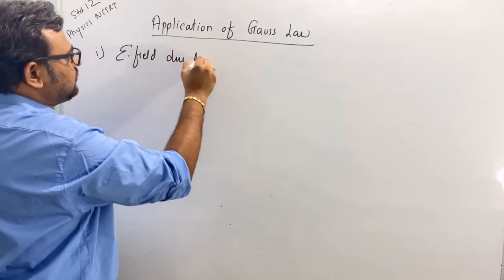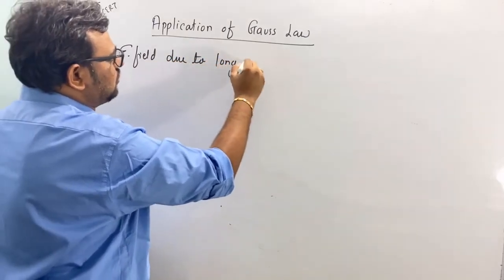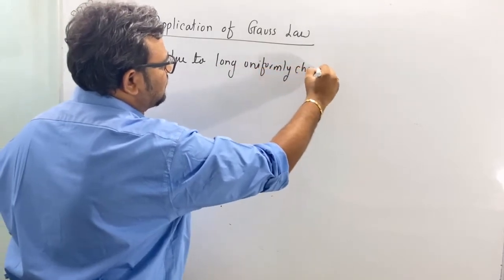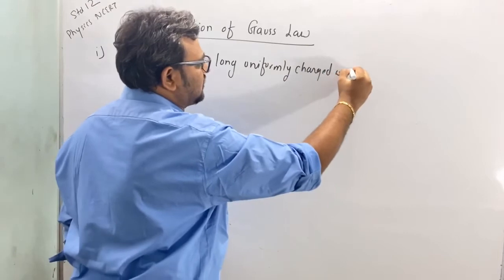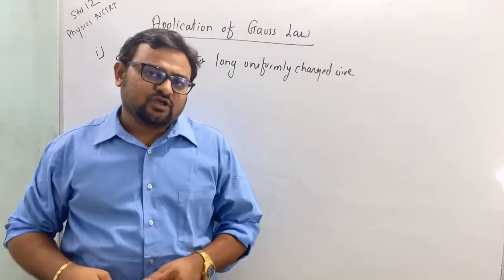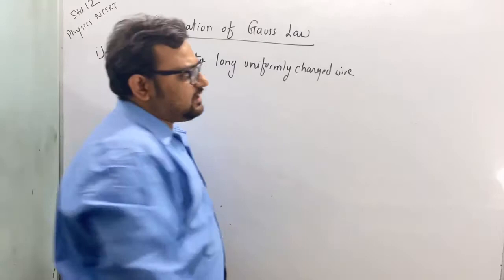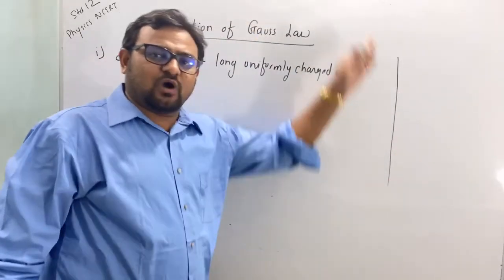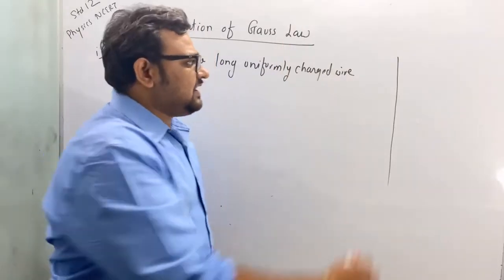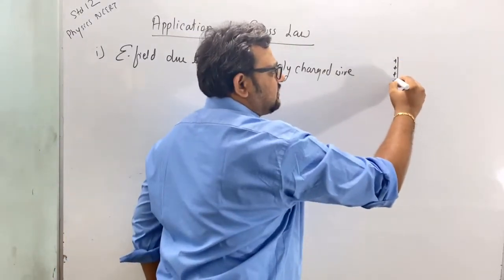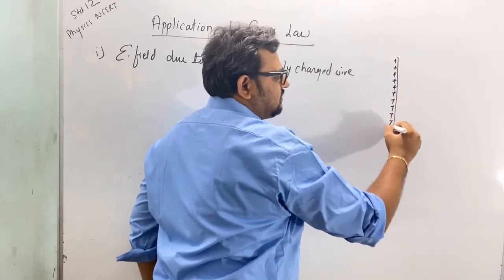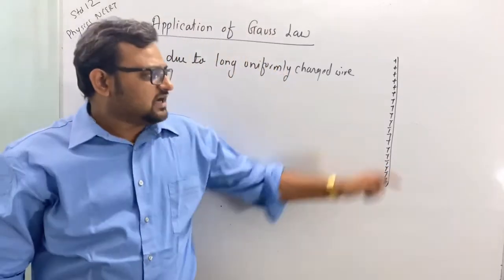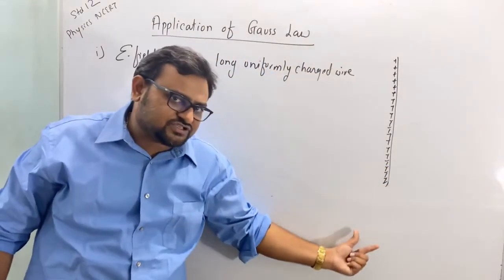So first is the field due to a long uniformly charged wire. I am taking a long wire, and the charge is uniformly distributed.